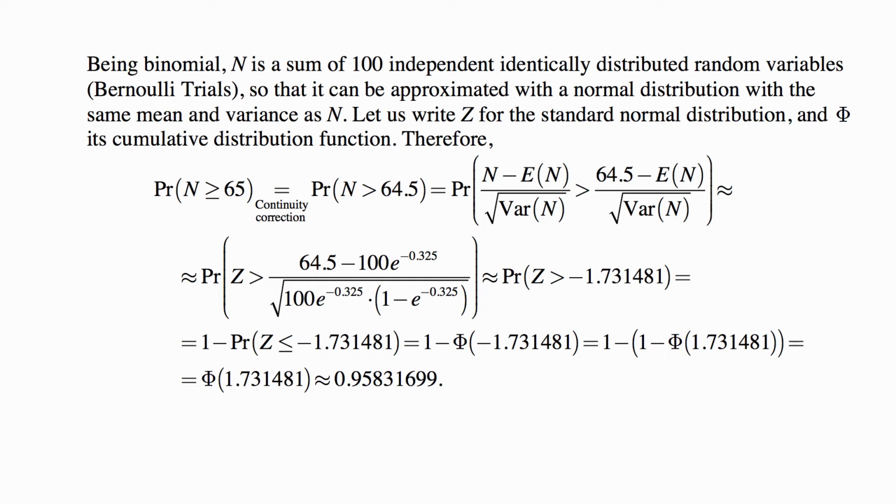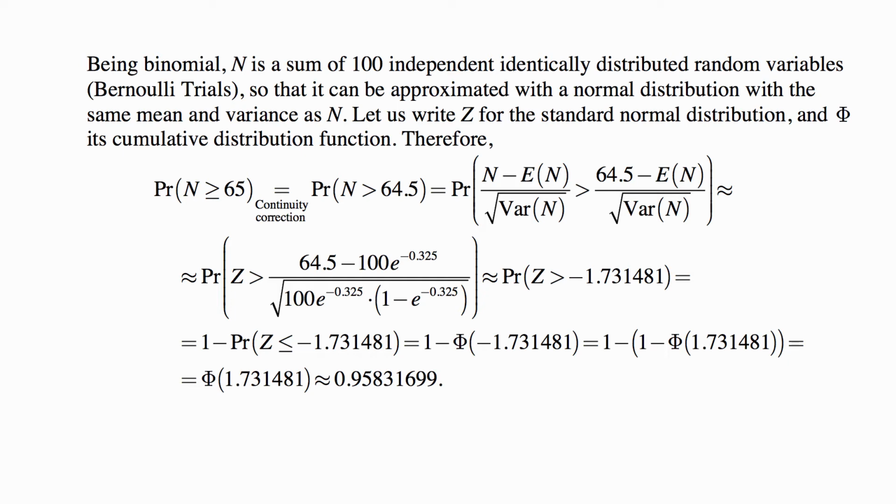And so that's why we switch to the probability that N is more than 64.5. For the discrete distribution, it doesn't make any difference which of the two probabilities you calculate, but it is significantly different for the continuous distribution, and going from 64.5 makes the approximation significantly more precise, which is what we want.